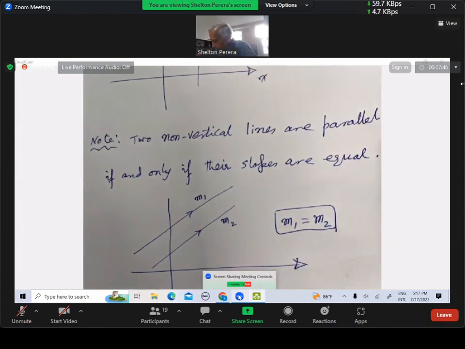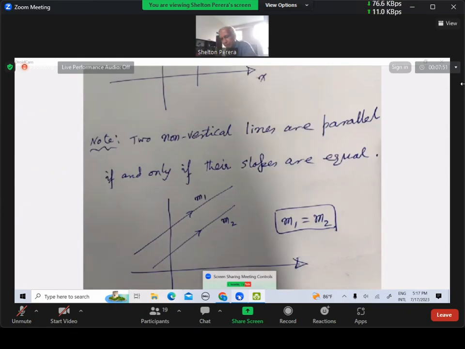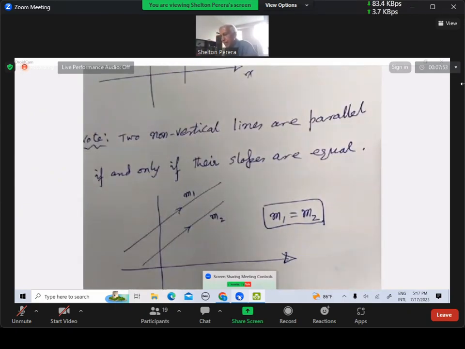So next note. Two lines are perpendicular. If one is horizontal, then the other must be vertical. So let us have two lines with slopes M1 and M2. If they have slopes, those lines cannot be vertical. Both of them cannot be vertical. If one is vertical, the other becomes horizontal.